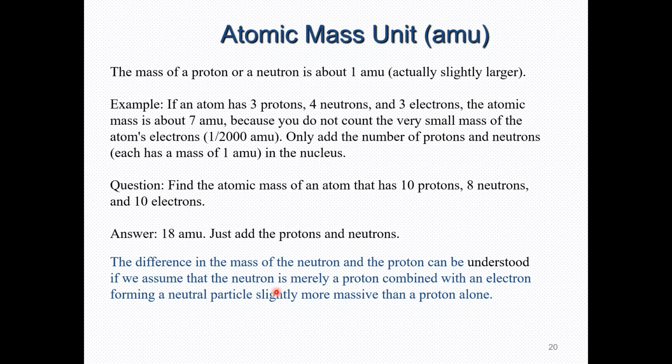The difference in mass of the neutron and proton can be understood if we assume that the neutron is merely a proton combined with an electron, forming a neutral particle slightly more massive than a proton alone. Again we have a question: why is the neutron neutral, or why is a neutron heavier than the proton?